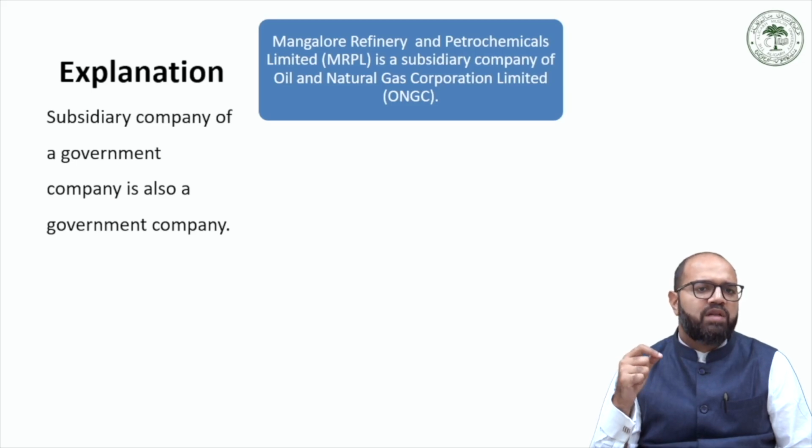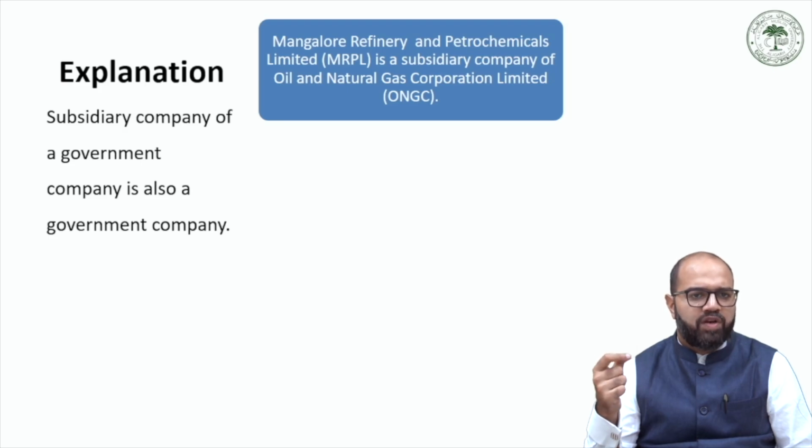Now supposing there is a company which goes by the name of Mangalore Refinery and Petrochemicals Limited, MRPL. It is a subsidiary company of another company whose name is Oil and Natural Gas Corporation Limited, ONGC.